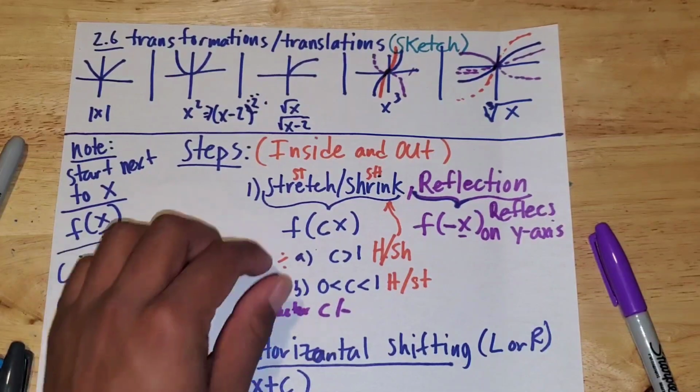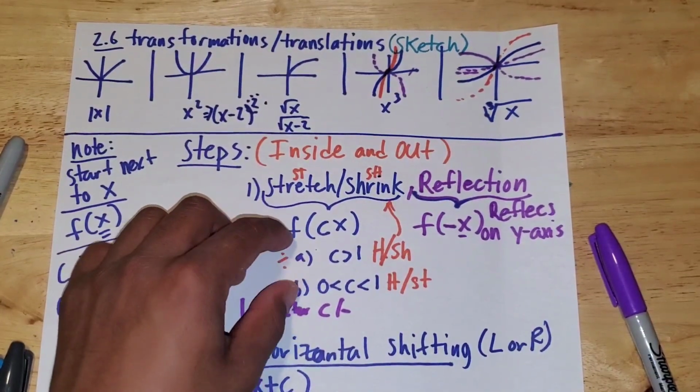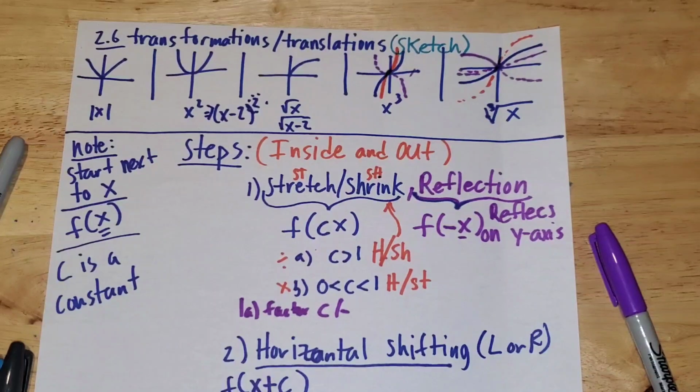But, like I said, they behave opposite of what you think they should be doing. If this is a horizontal shift, this is moving left to right. That part is not being tricky. The tricky part is knowing if you're going to go left or right. Again, if it's inside, it's always going to work opposite of what you think you should be doing.